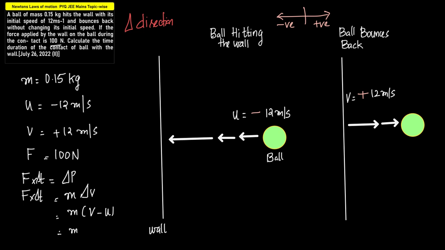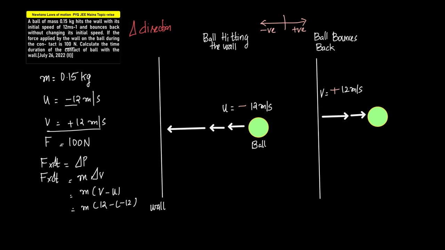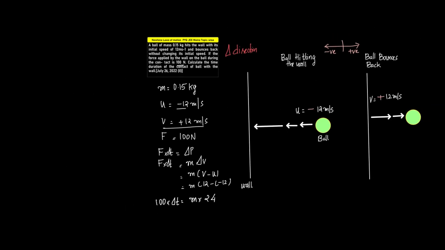What is the final velocity? The final velocity is 12 meter per second. So this is 12 minus, what is the initial velocity? Initial velocity is minus 12 meter per second. So this is 12 minus minus 12, so what we get is m into 24 is equal to, what is F? The value of F is 100 Newton, right? So this is 100 into delta t.